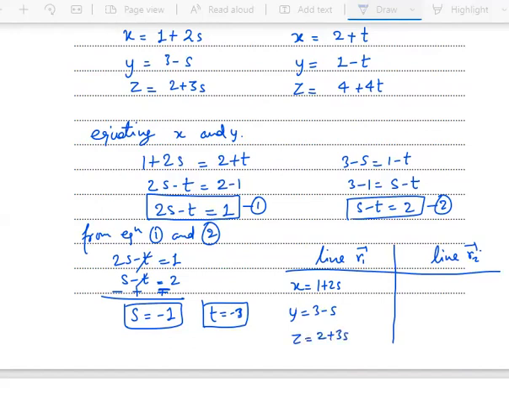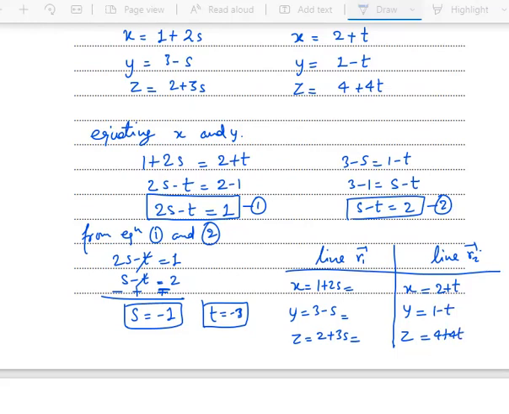So now we have to plug in the values of s and t and check if the coordinates are equal. If it is equal, then they will intersect. If it is not equal, then they will not intersect. Right? So here we have 2 plus t, 1 minus t, and z is equals to 4 plus 4t.